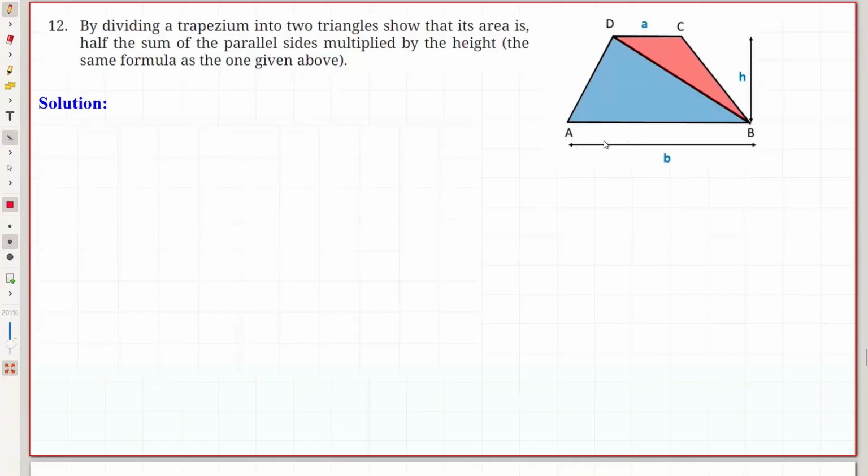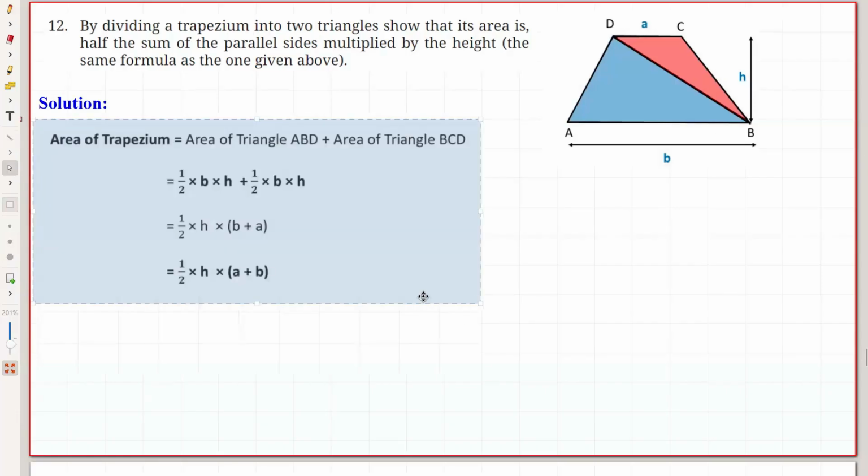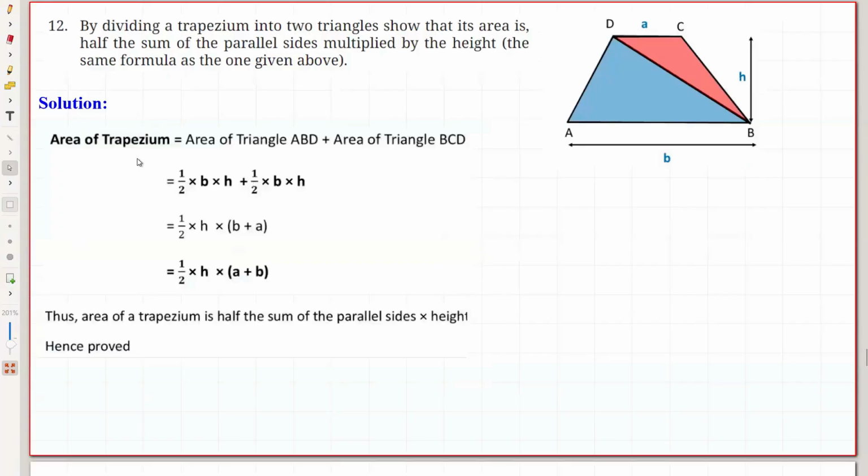We know the formula for the area of a triangle: 1/2 base into height. The height is given as h, and for both triangles the height is the same, 1/2 base into height. The base is different, but the height is the same. So you can write: area of trapezium is equal to area of triangle ABD plus area of triangle BCD. Use the formula 1/2 base into height.